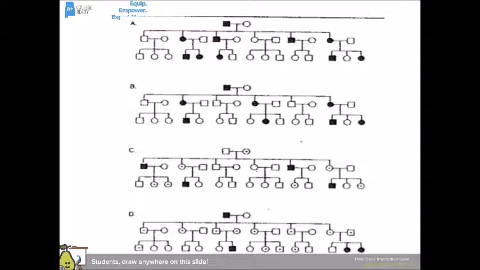Go ahead and do A and B. Try to come up with the mode of inheritance for both A and B. Take about a minute to do that now.